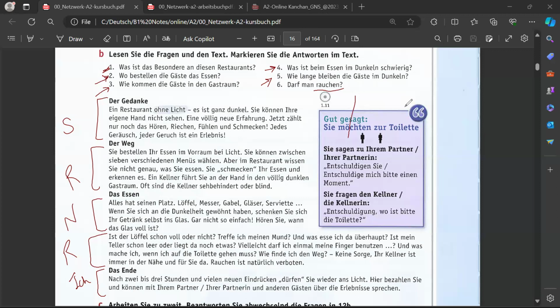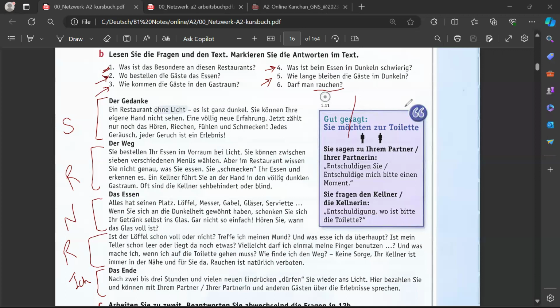Keine Sorge, Ihr Kellner ist immer in der Nähe und für Sie da. Don't worry, your waiter is always nearby, there for you. Rauchen ist natürlich verboten. Smoking is of course prohibited.